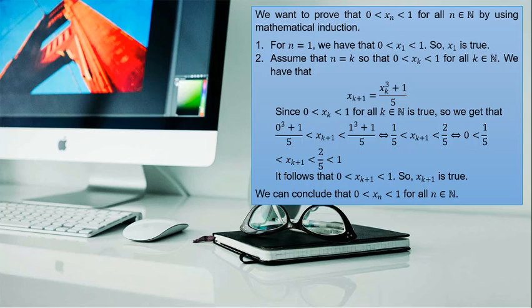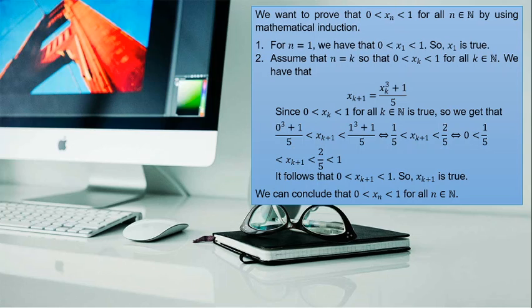So we have x_{k+1} = (x_k^3 + 1)/5. Since 0 < xk < 1 is true, we get that (0^3 + 1)/5 < x_{k+1} < (1^3 + 1)/5.